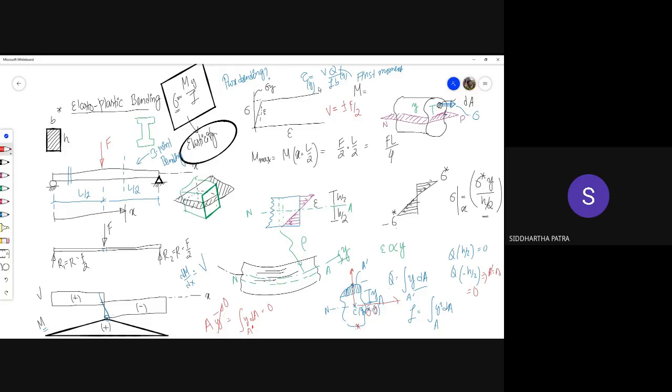Can you calculate this? Just calculate Q at 0. So Q at 0 basically means integration from 0 to h by 2, where dA is this portion, b times dy, times y.